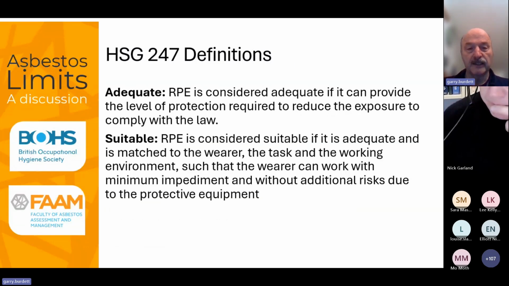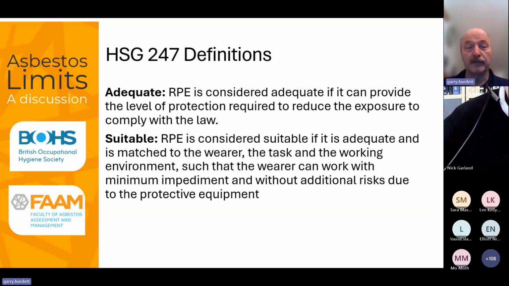A couple of definitions: adequate. This is important, and they are in the early EU definitions in some way. The one I referred back to is that adequate. This is the UK one. It's adequate if you comply with the law. I love that. Lovely circular one, whatever that means.